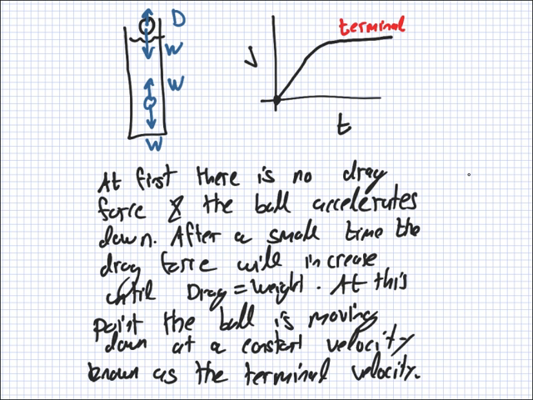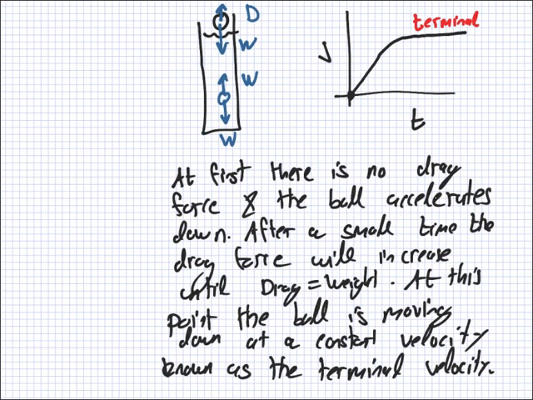What's the marking scheme say? Initially accelerates at G, because weight down and no upward force. Accelerates less, because drag or fluid friction means resultant force less. Eventually constant speed, because drag force balances weight.